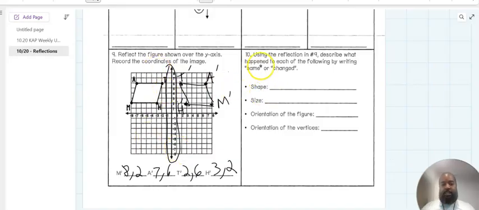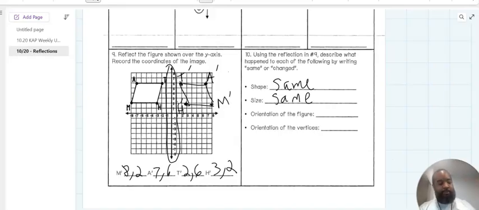Okay, so then if I look at this picture number 9, and I'm going to use number 10 to answer those questions, what happened to the shape? Did it change size? No, so we're going to say it's the same. It didn't change shape either, right? So same shape, same size. Did the orientation of the figure change?